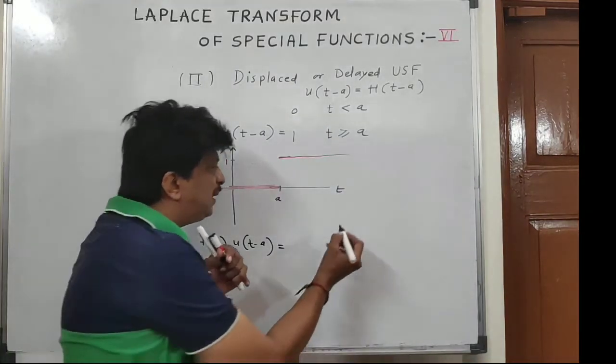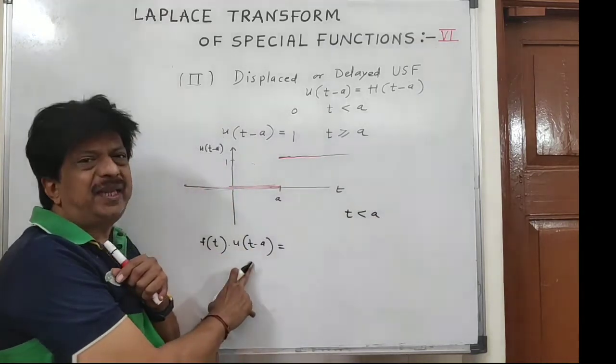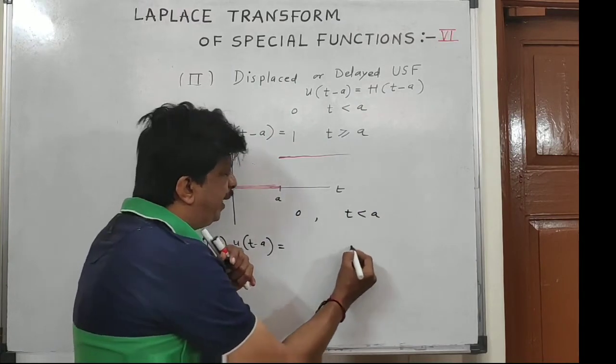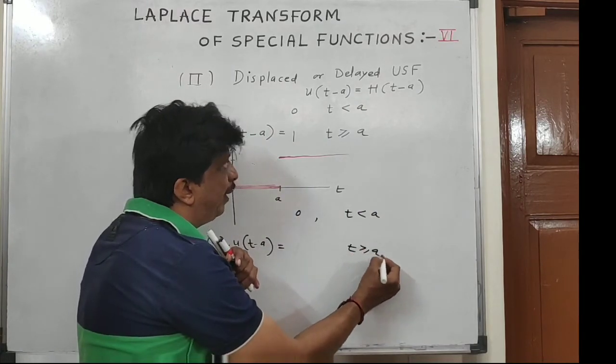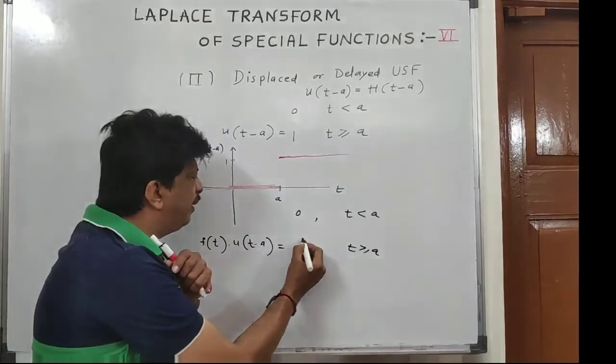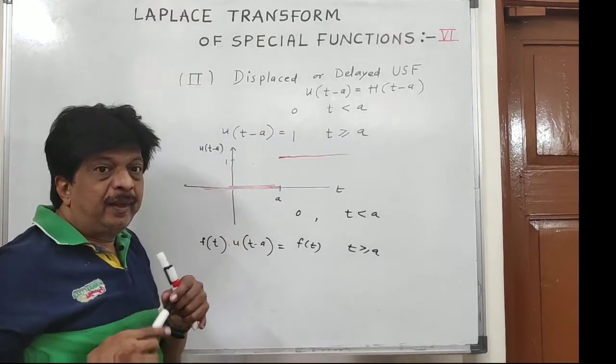Now, when t is less than a, this u of t minus a is 0. So, 0 into anything is 0. Now, when t is greater than or equal to a, its value is 1. 1 into f of t is f of t.